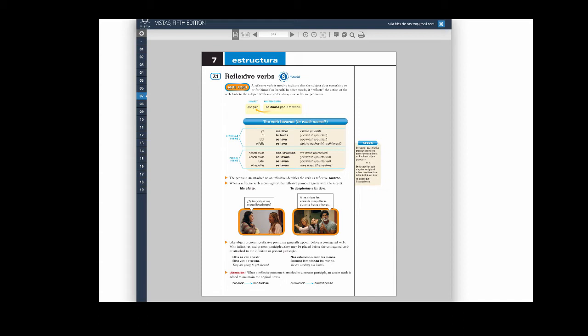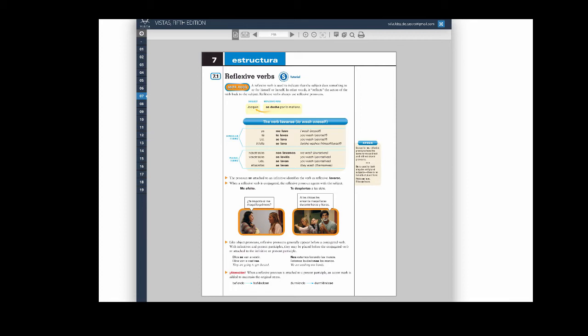I'm going to go over it a little more in a minute, but you can see the examples here. Ellos se van a vestir. So van a vestir is a conjugated verb, to go to, and vestir, which is an infinitive. In here, you can decide if you want to link the pronoun to the conjugated verb, in which case you will put it detached in the front.